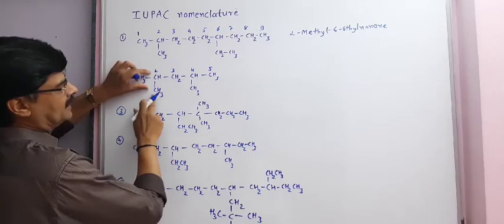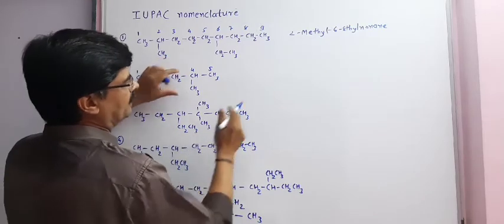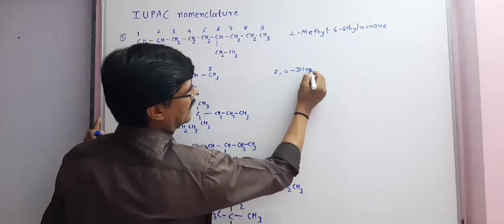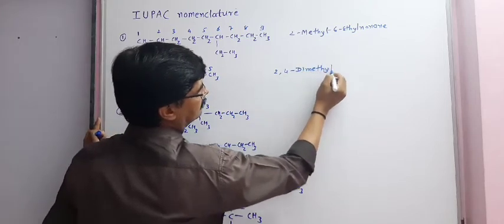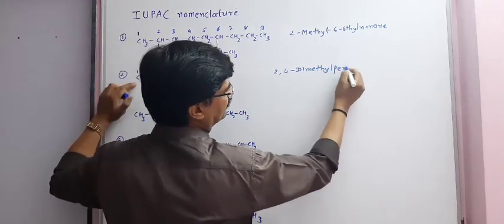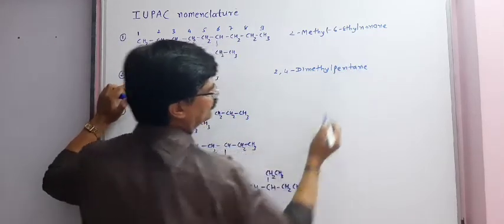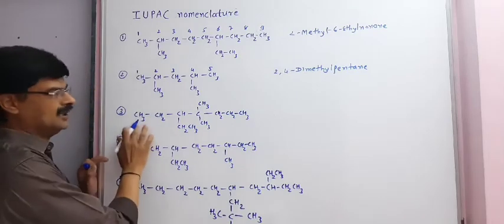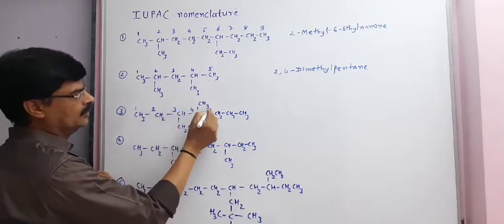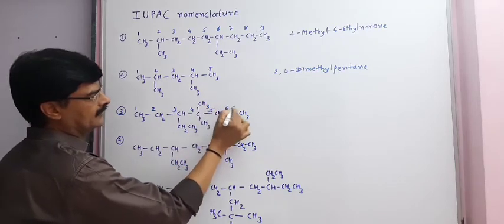The second number carbon has a methyl group, the fourth number also has a methyl group. So 2,4-dimethyl, and the longest chain is of pentane. 2,4-dimethyl pentane.